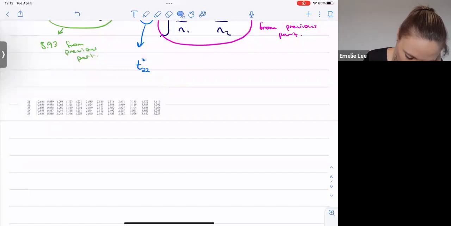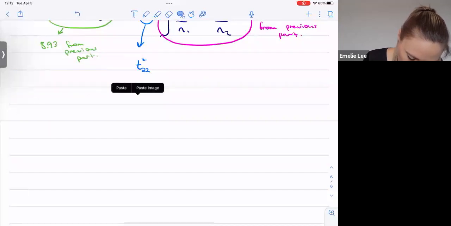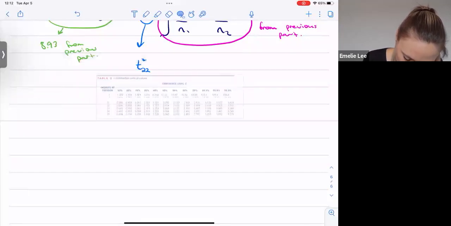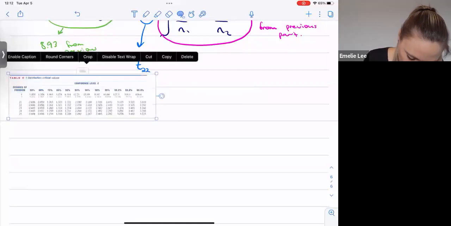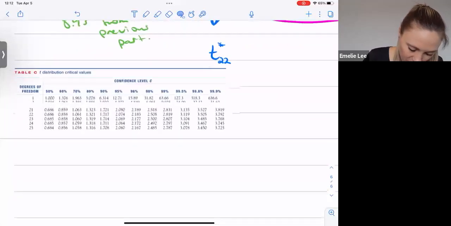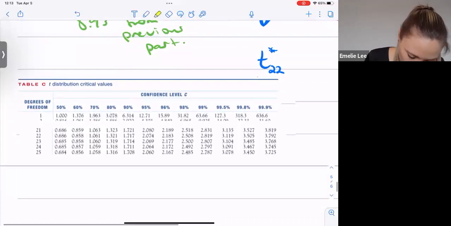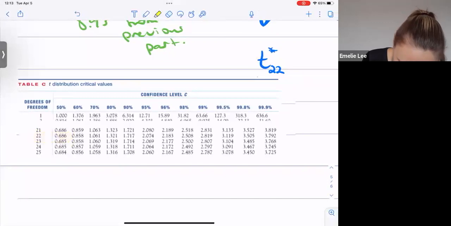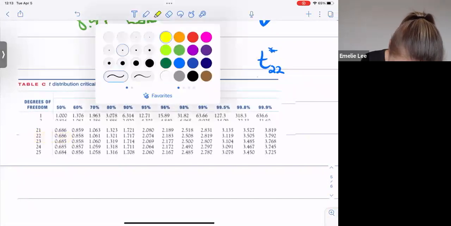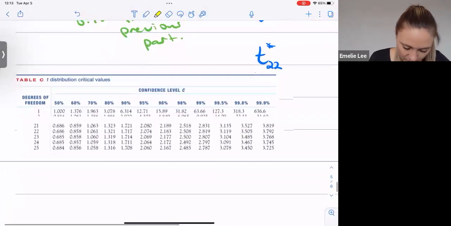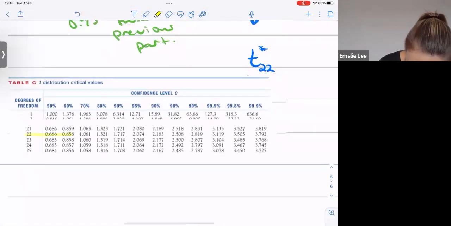Copy and delete and paste. Okay. I'm gonna zoom in here. I need a smaller highlighter. I still have 22 degrees of freedom.